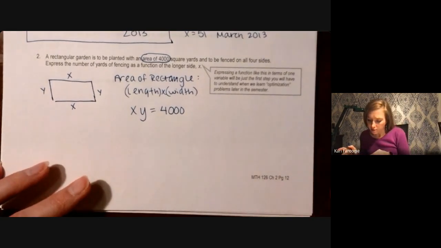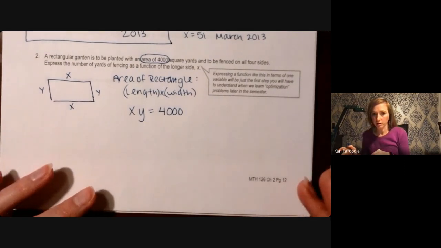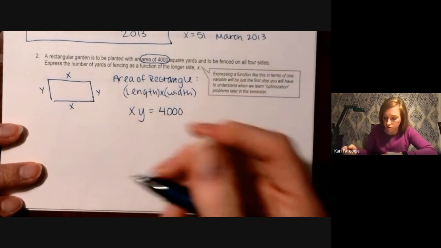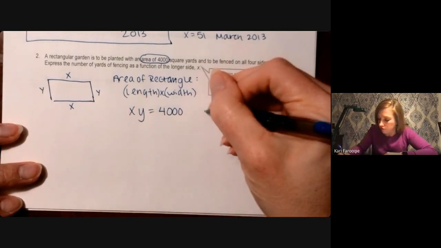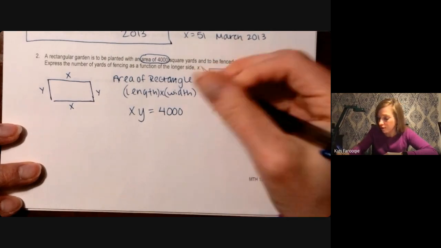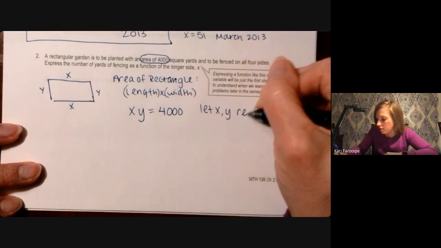So let's see. I'm going to go ahead and express the number of yards of fencing as a function of the longer side, x. If you would like to label these variables, maybe you could say let x and y represent number of yards of fencing. We probably should have done this first, but I did not.